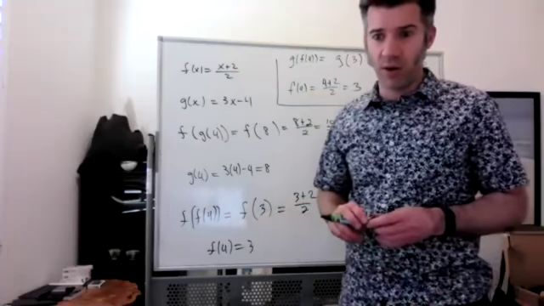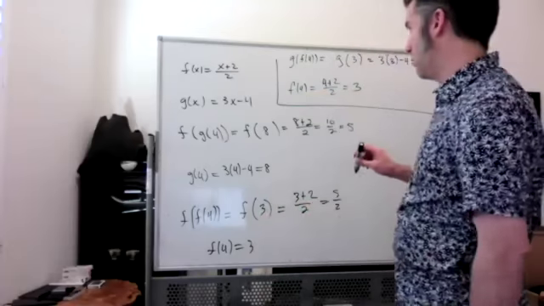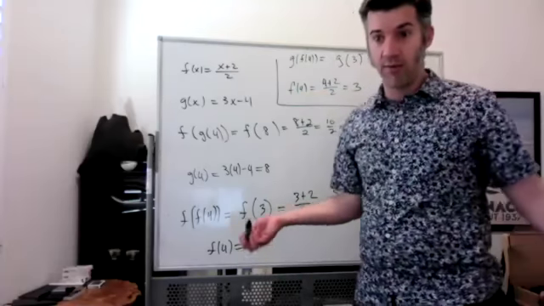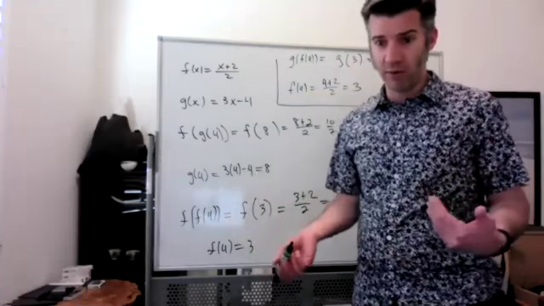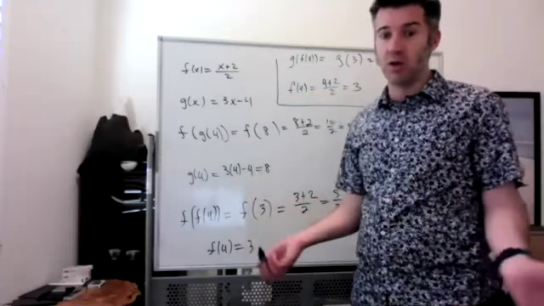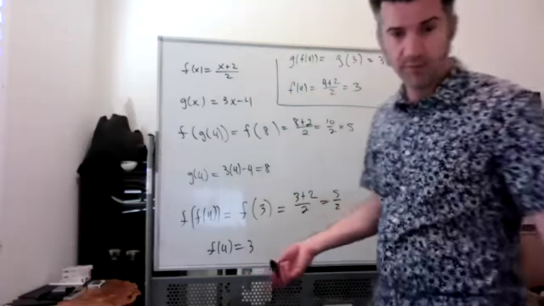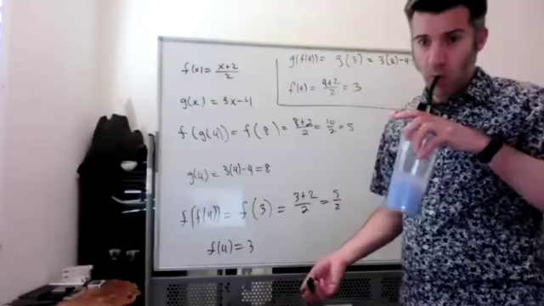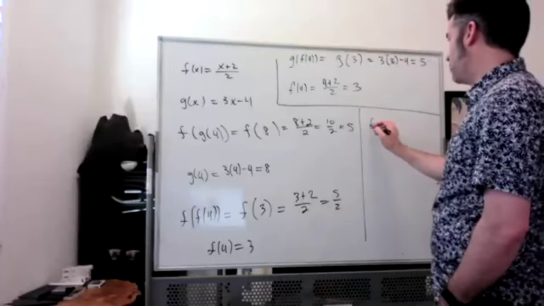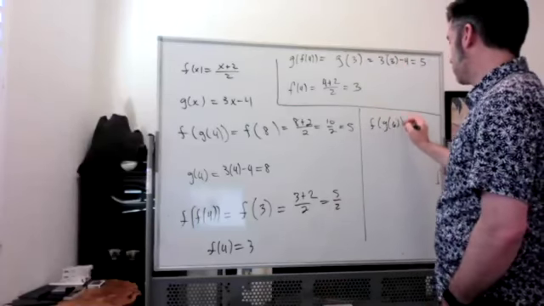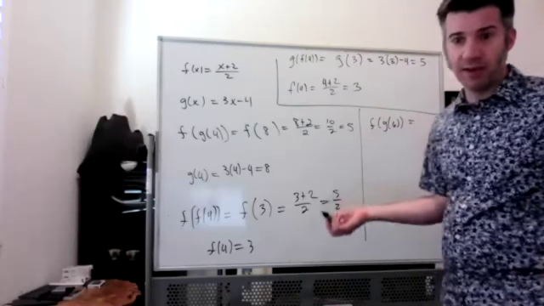How did we get 4? Well, we were given 4, right? The problem started with find f of g of 4, or g of f of 4, or f of f of 4, right? That was the initial problem. That's where the 4 came from. But I could have easily said, find f of g of 6. It just depends on what you're given.